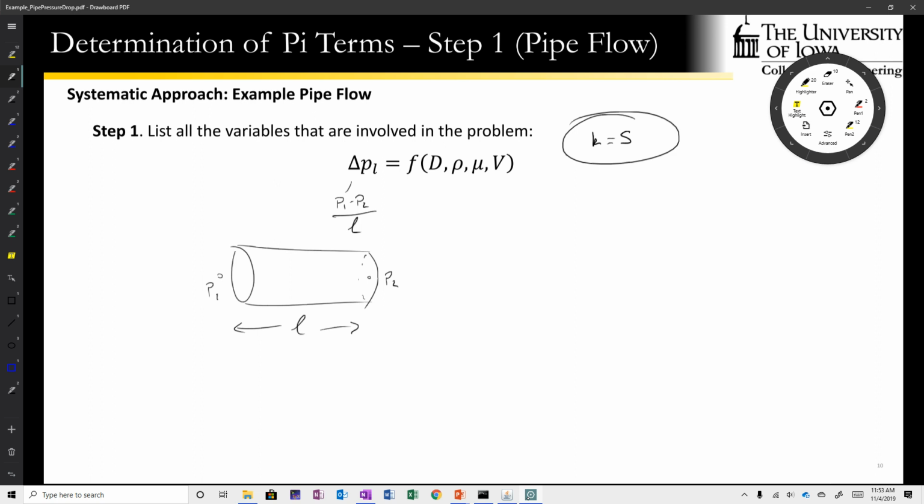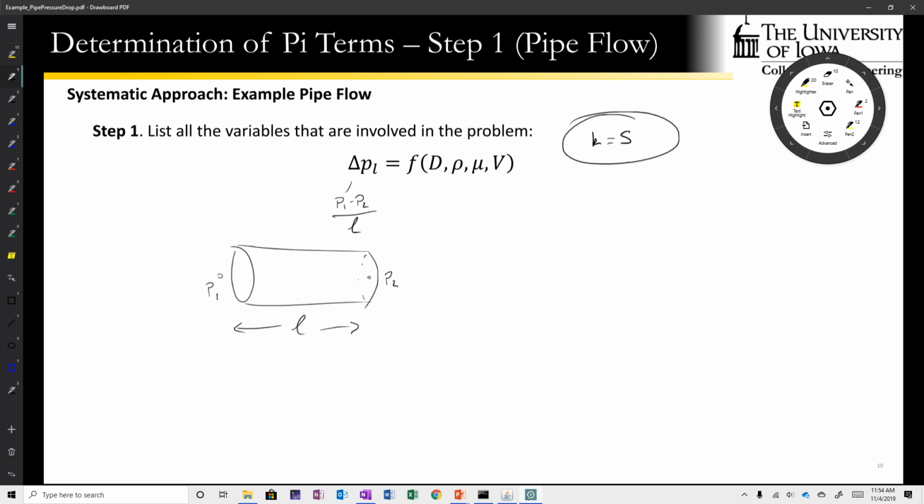In a case like this, for example, if a person doesn't understand that fluid viscosity causes drag and therefore energy loss in the pipe, they may leave it out. And in that case, you're going to be short one entire dimensionless group when you finish up the problem. And so you're not going to be capturing all the physics. So in general, it's better to err on the side of including everything. And then if you decide something isn't important later, you can always get rid of it.